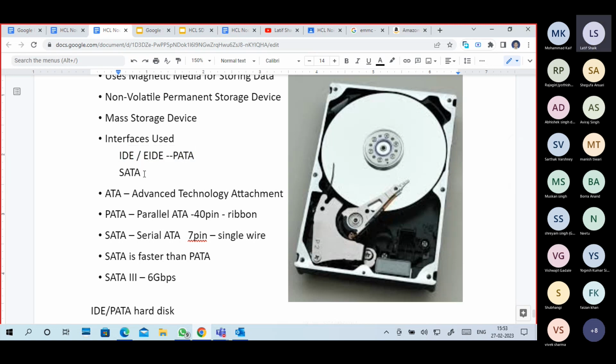This IDE technology was further developed into ATA, Advanced Technology Attachment.